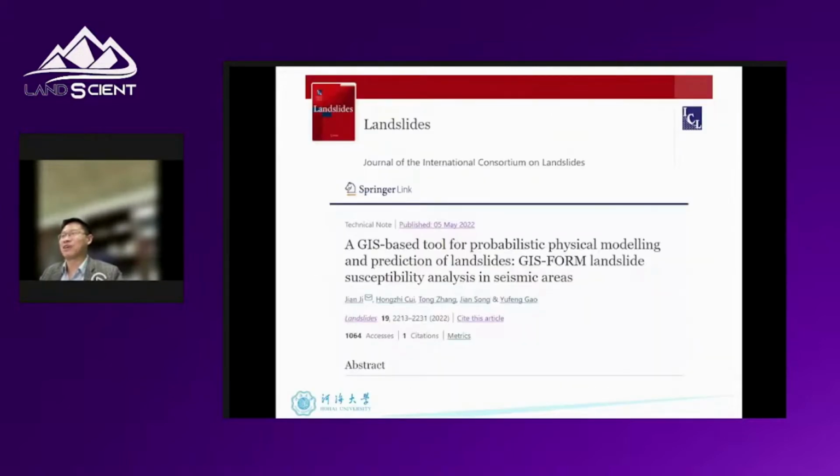So my topic for today originated from a paper we published earlier this year in the journal Landslides, and these are some details of our publication.